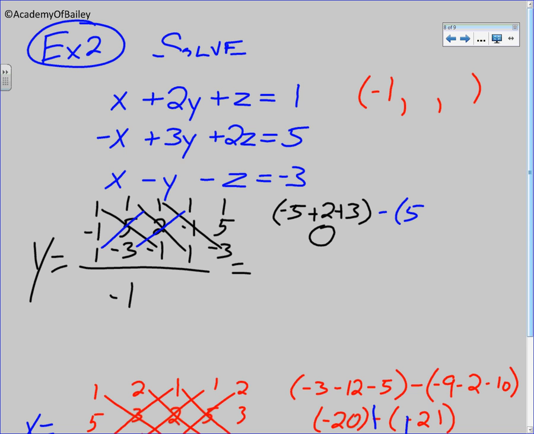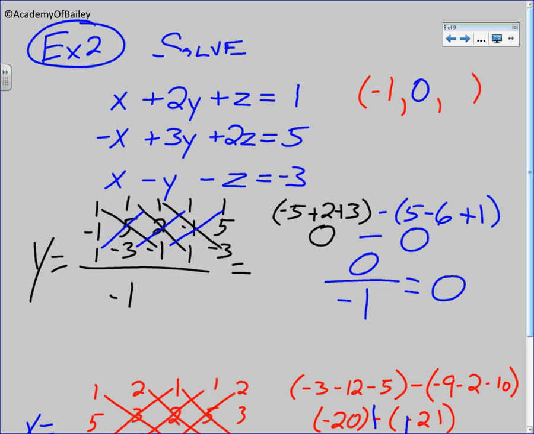And negative 3 times 2 is negative 6. And negative times negative is a positive. Times a positive should be a positive 1. So we're going to subtract negative 5 minus 6, negative 1 plus 1 is 0 again. 0 minus 0 is 0, divided by negative 1, which is 0. That's simple enough.